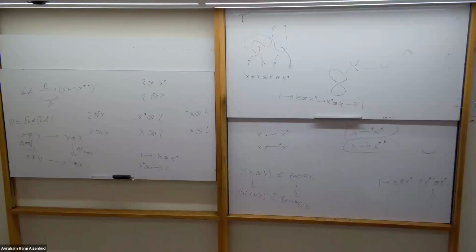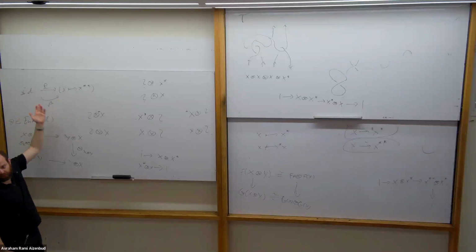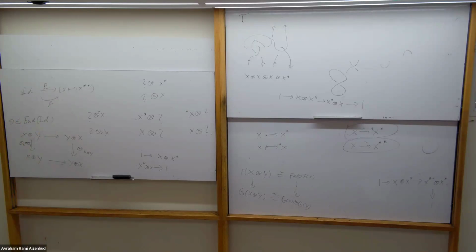If it's not braided, you don't have a twist like this, but still you can ask to have additional structure. But if your category is both rigid and braided, then to give a pivotal structure and to give a ribbon structure is the same.